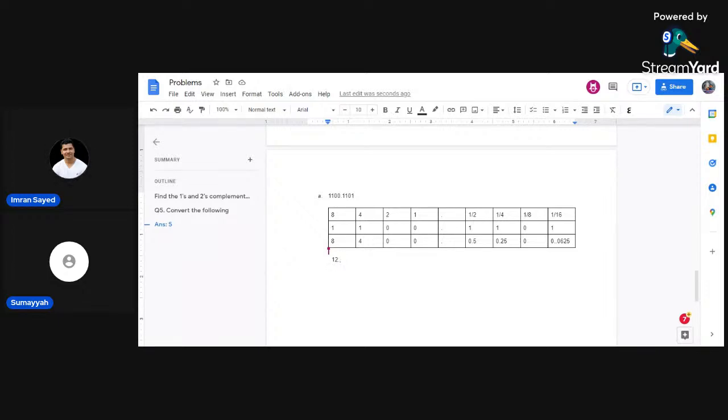What are you adding? We add the numbers before the decimal point and the numbers after. So 0.5 plus 0.25 plus 0.0625, 0.8125.